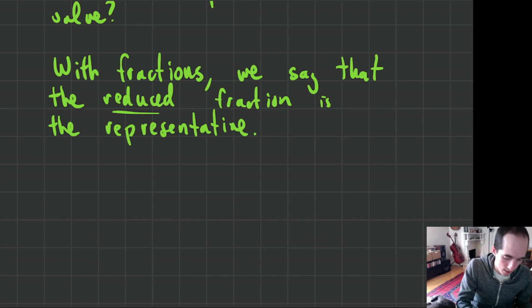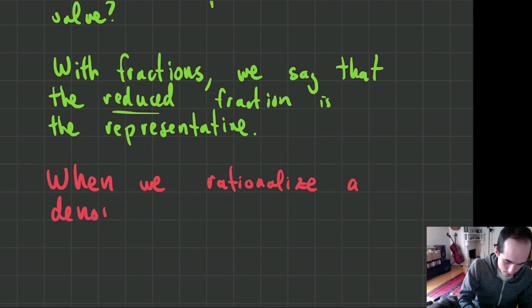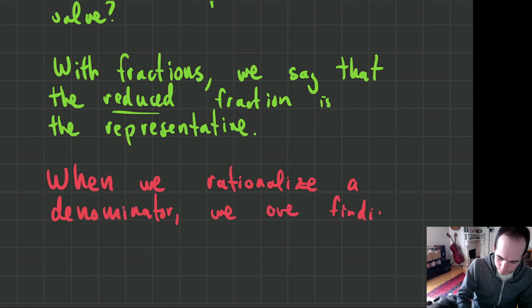So when we rationalize a denominator, we are finding its representative value.